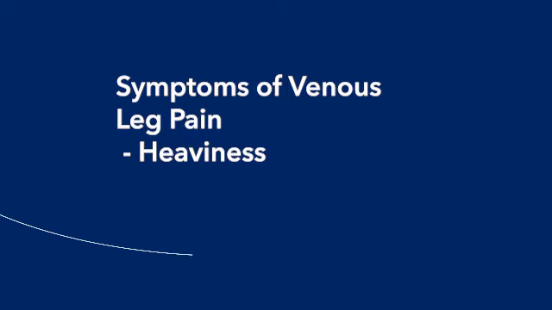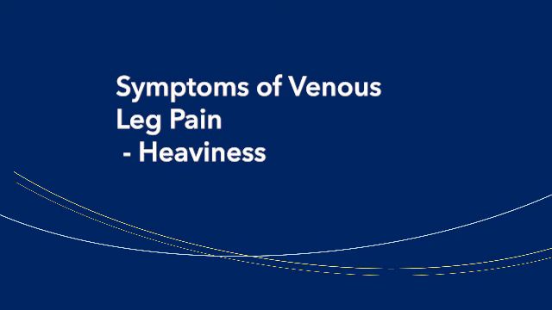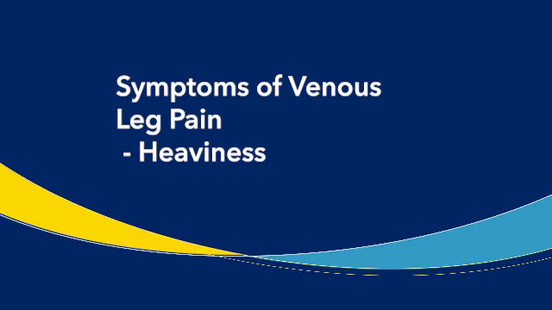Now, people who have leg pain from veins, unfortunately, can have a lot of different symptoms. Sometimes it's a little tough to pin down exactly why you would have leg pain from your veins. So most people complain of heaviness in their calves or their thighs. It's usually worse after you've been working for several hours or been on your feet for several hours.